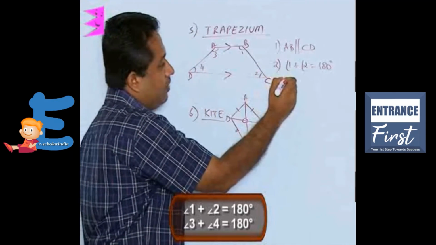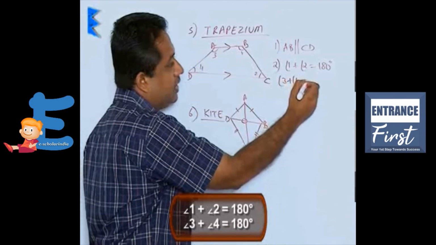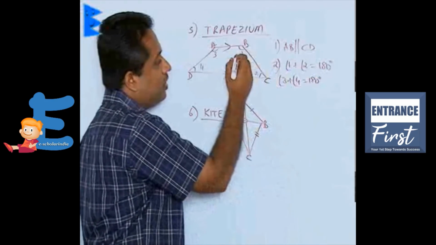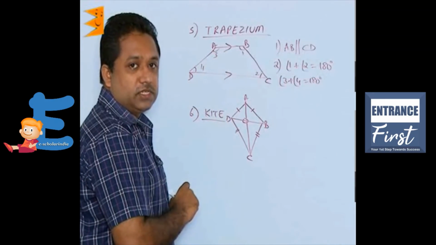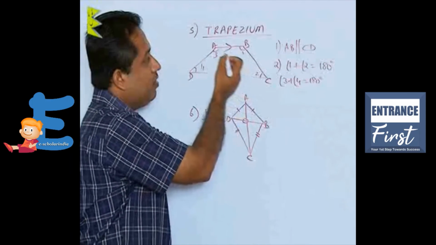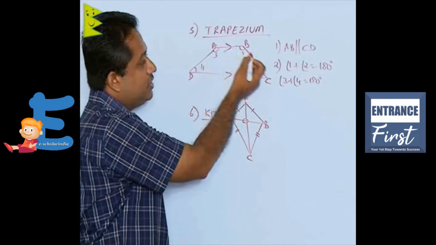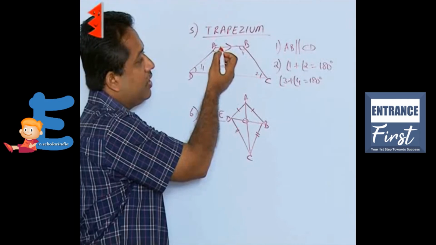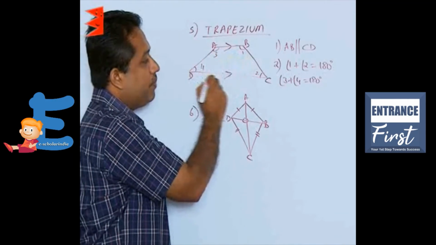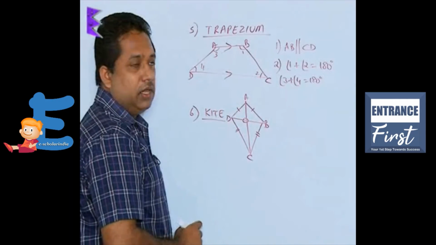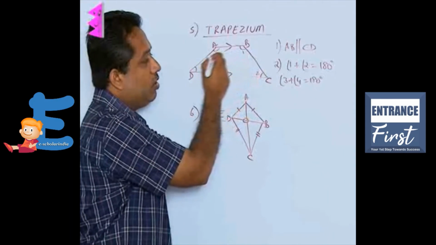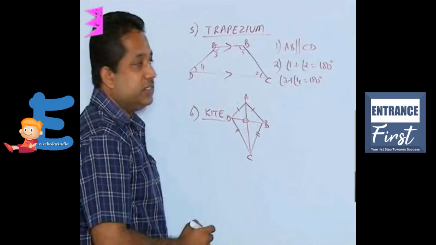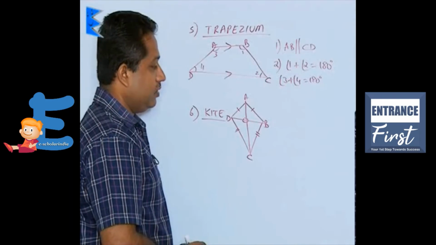So we get 3 plus 4 is 180 degrees, and therefore 1 plus 2 is 180, 3 plus 4 is 180, total will be 360. So the property of a trapezium, for repetition's sake, this will be a figure, a quadrilateral in which one pair of opposite side is parallel and sum of co-interior angles add up to 180. The total of all the angles 360, just like for any other quadrilateral.